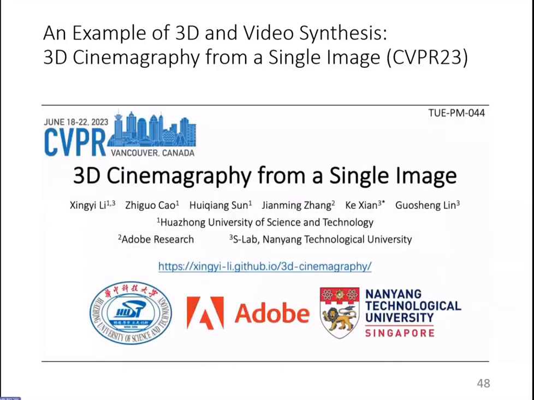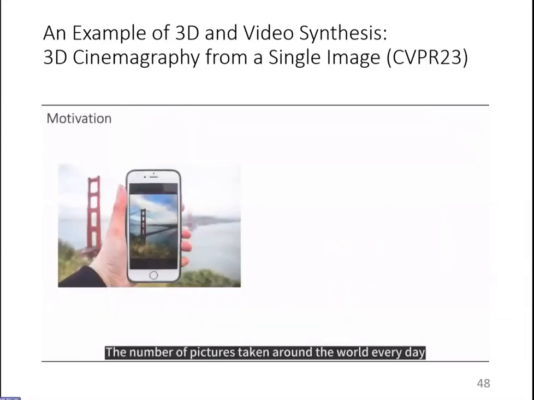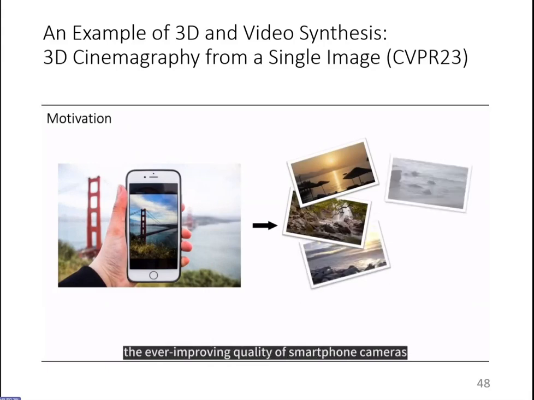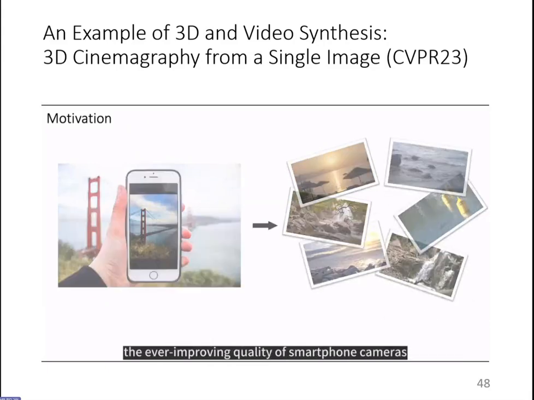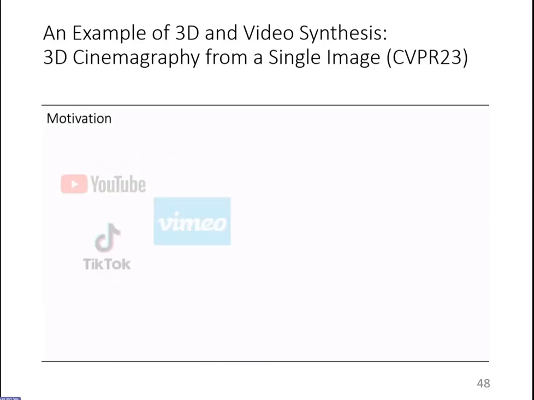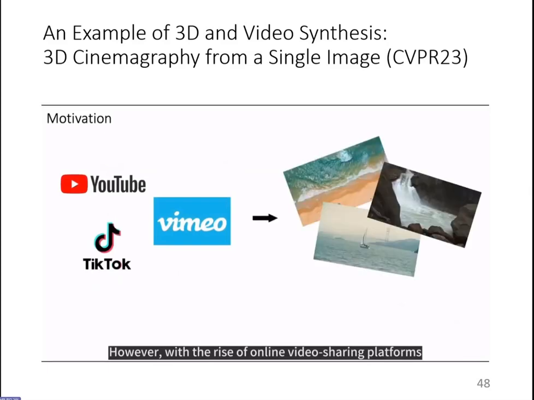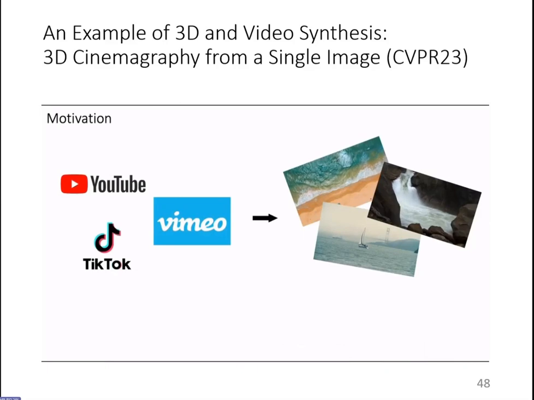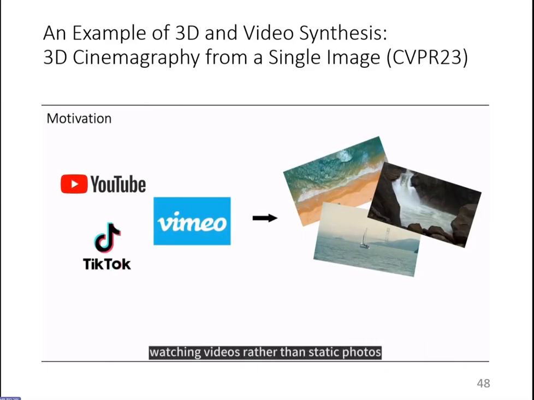Now, let's delve into the specifics of our work. The number of pictures taken around the world every day is skyrocketing because of the ever-improving quality of smartphone cameras. However, with the rise of online video sharing platforms such as YouTube and TikTok, people have grown accustomed to watching videos rather than static photos. What if we can animate those still images?